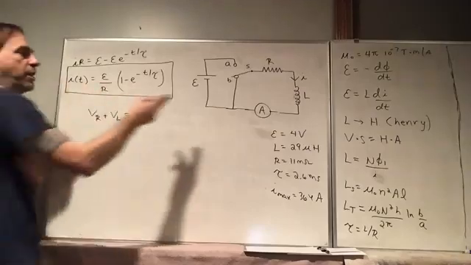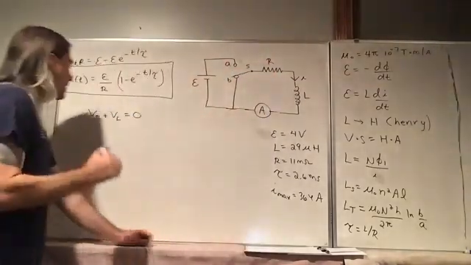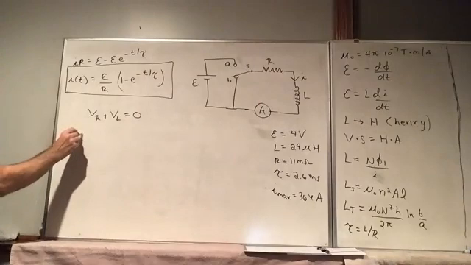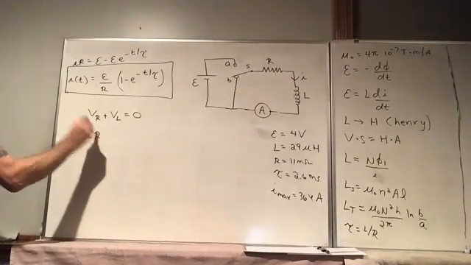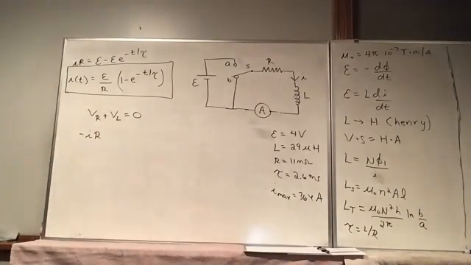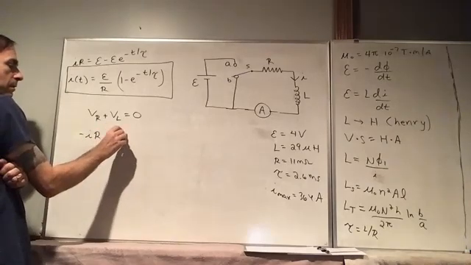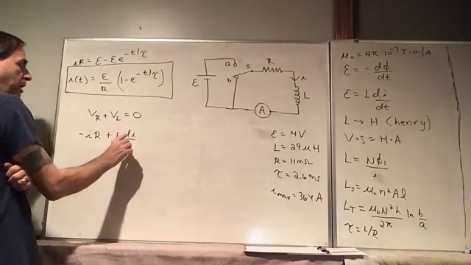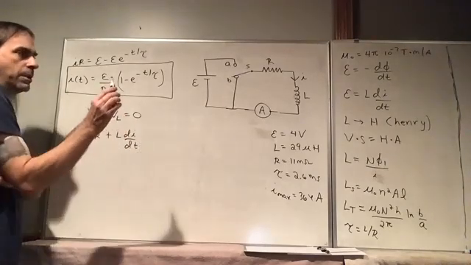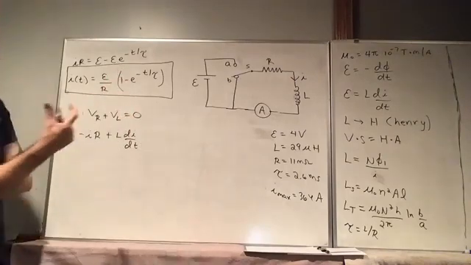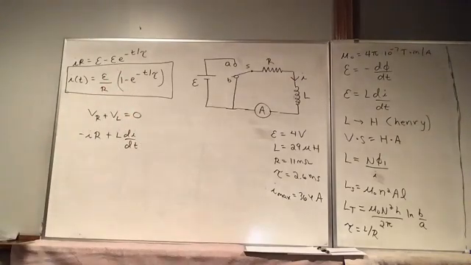And so the voltage across the resistor, that's going to be minus IR. And now the voltage across the inductor, this is going to be positive, I believe. Let's just double check that. So now we have a large current, and the current is dropping now because we remove the power supply.